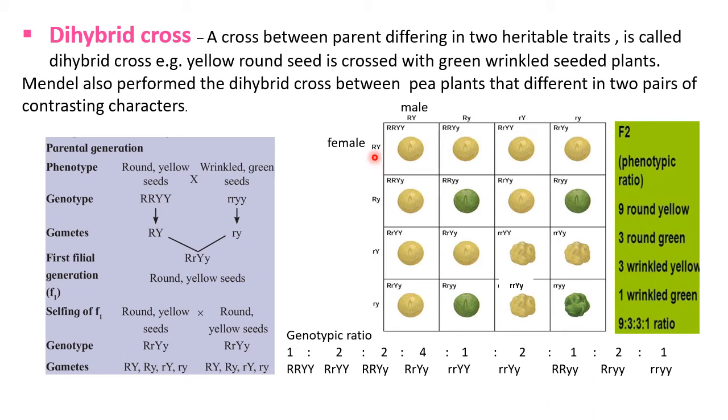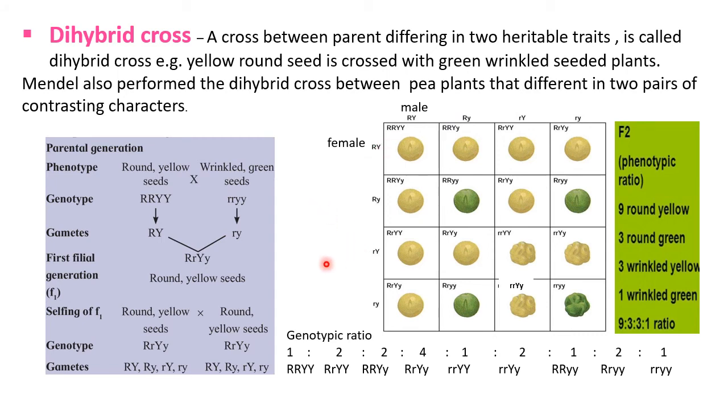Now in a second combination, we can see here capital R capital Y, and here capital R small y. So the male and female gametes unite to produce the combination both capital R, then capital Y and small y. Such combinations are produced by the union of male gamete with female gamete.